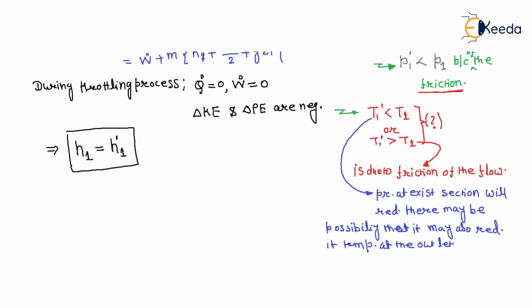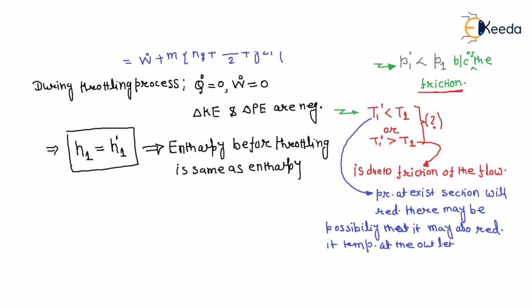That means the enthalpy before throttling is the same as the enthalpy after throttling.